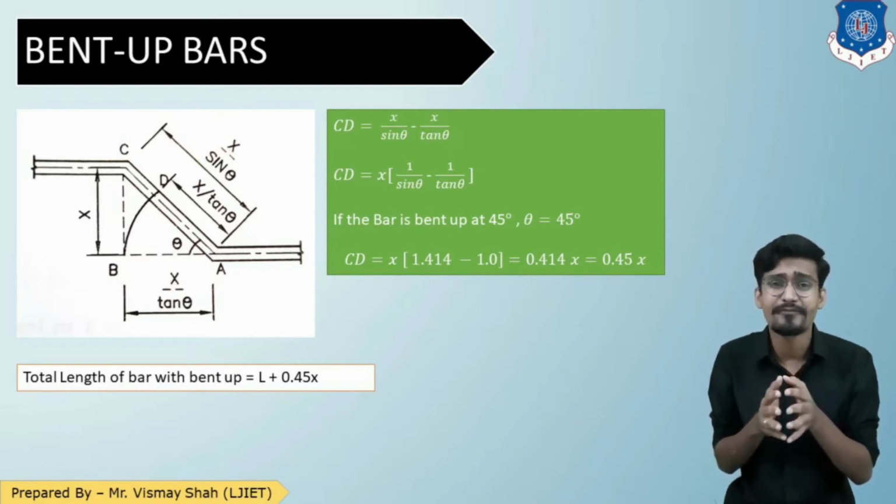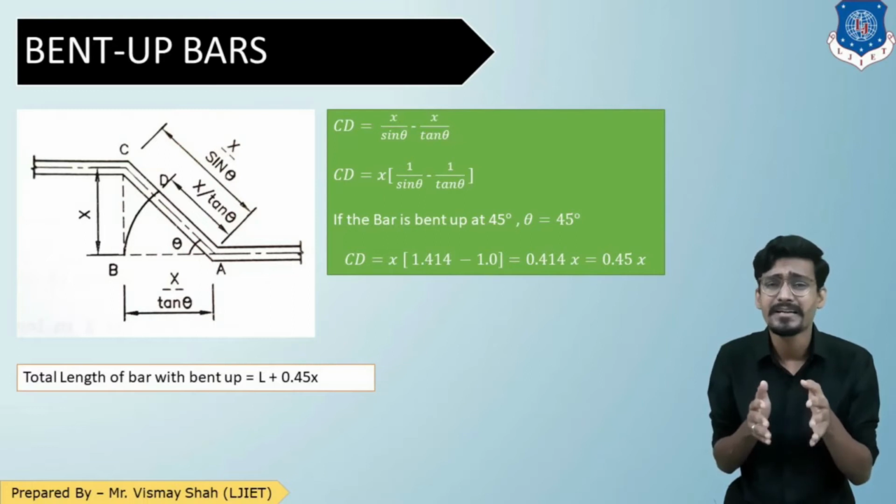Now let us see how we derived this 0.45. As you can see in the figure, if I want to find out CD, that will be x upon sine theta minus x upon tan theta. Taking x common, x into 1 divided by sine theta minus 1 divided by tan theta.